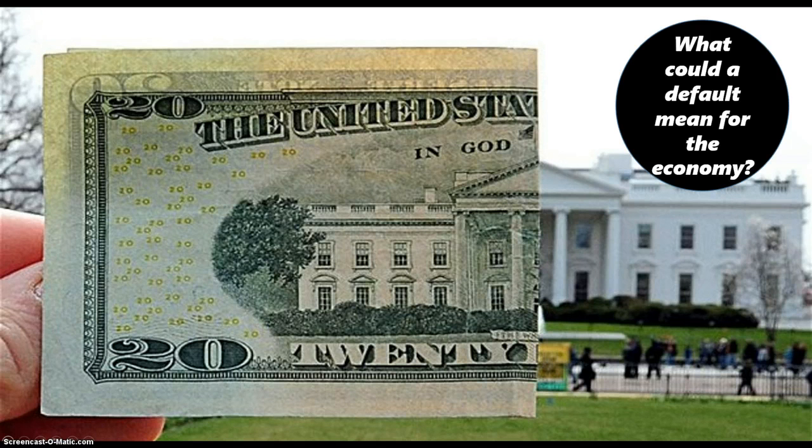A default is typically a decision not to pay government bondholders back, in part or in full, but the rating agencies have said they might consider the United States in default if it fails to pay other creditors like government vendors, if the federal government interrupts payments, whether to Social Security recipients or contractors. Those people will then have less money to spend, and the economy will slow down.